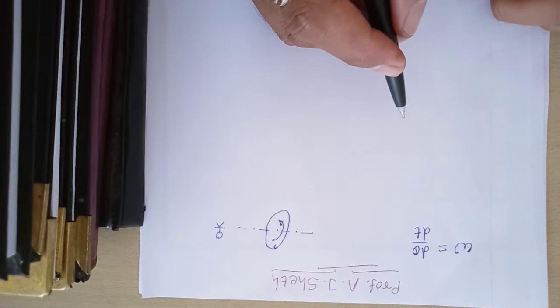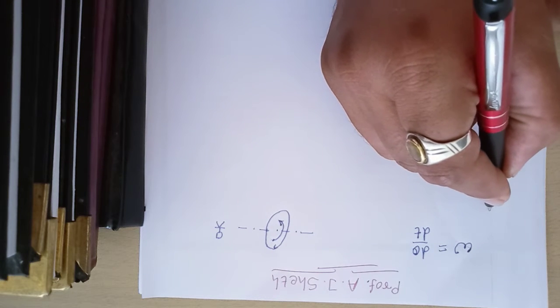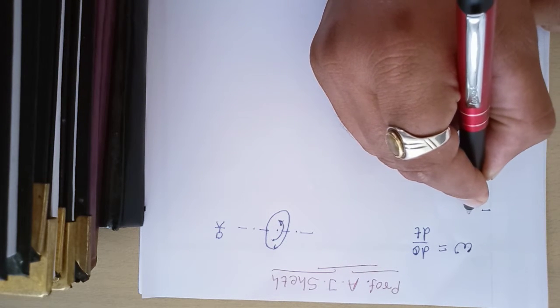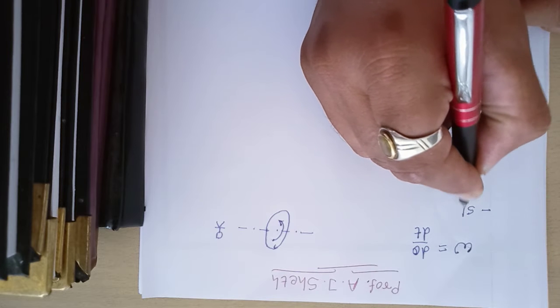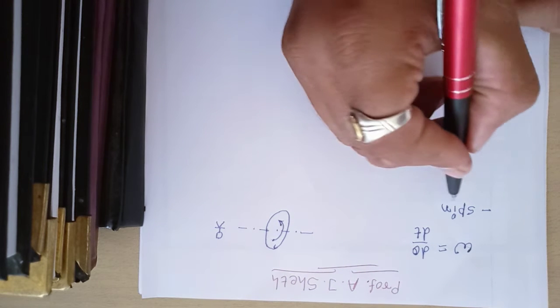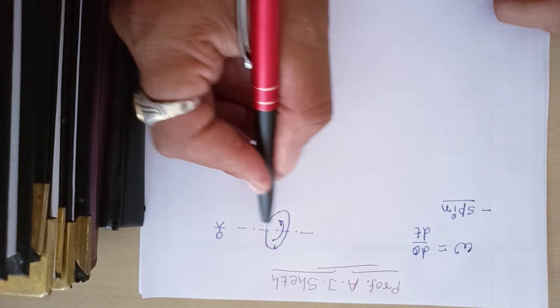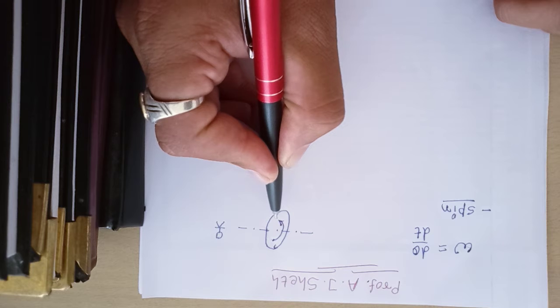Now, one of the concepts we should understand is spin axis, or what is spin? Spin is the rotation of the circular body.